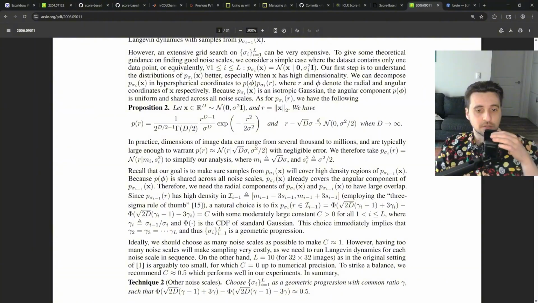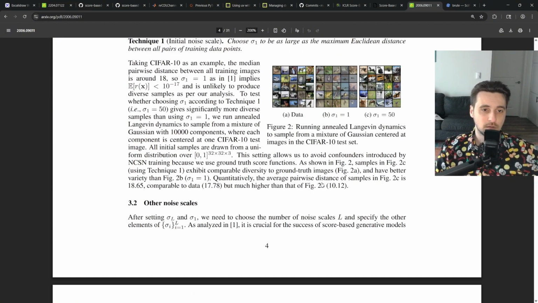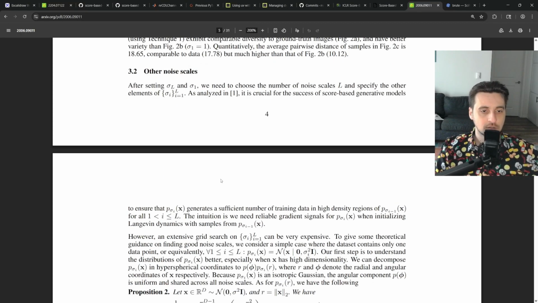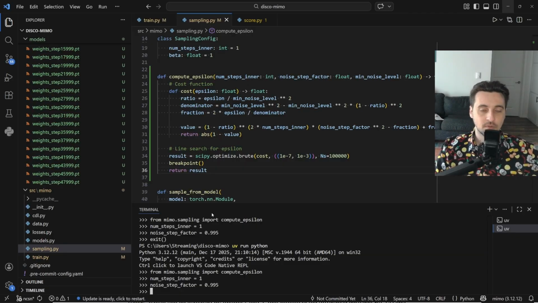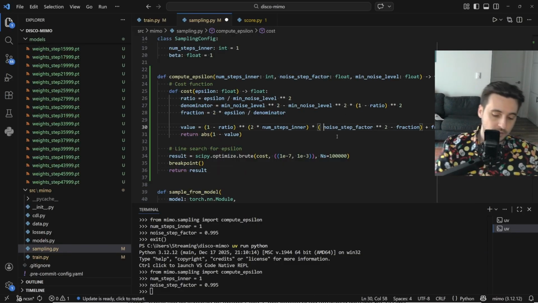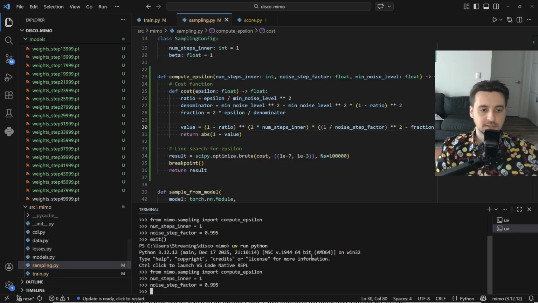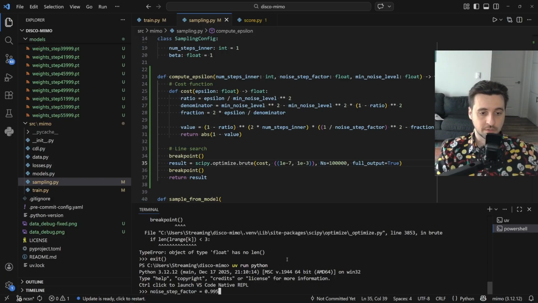Which one is bigger, sigma 1 or sigma 2? Sigma 1. So then this is also sigma 1 divided by sigma 2. Oh my god, it's the reverse. Okay, so it's 1 over what we call noise step factor. Gotta be very careful here because it's greater than 1. Again, we'll just run this again.